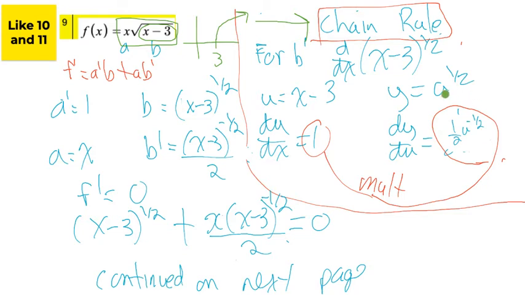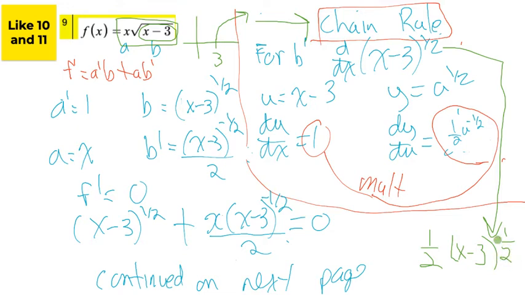So for me, if I see that as the function, I would immediately write the derivative as 1/2 x minus 3 to the negative 1/2, right?